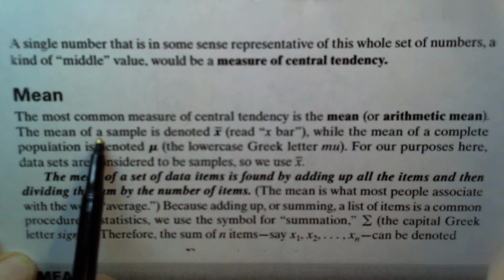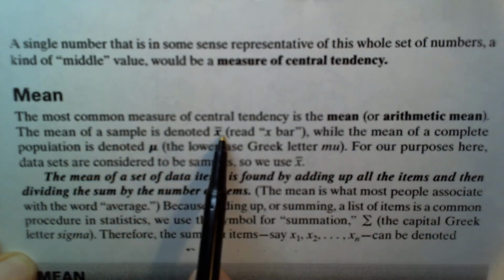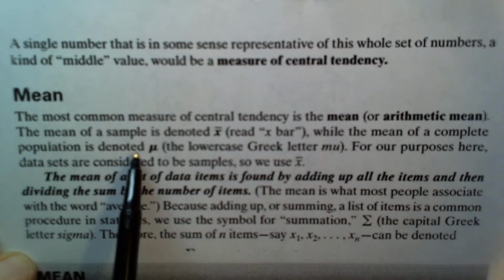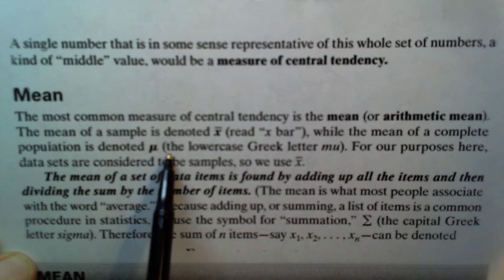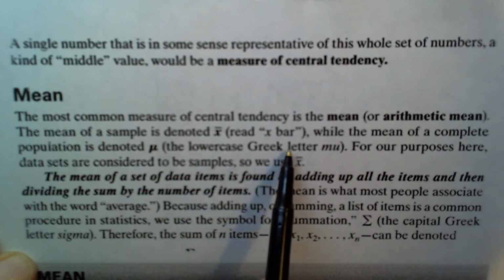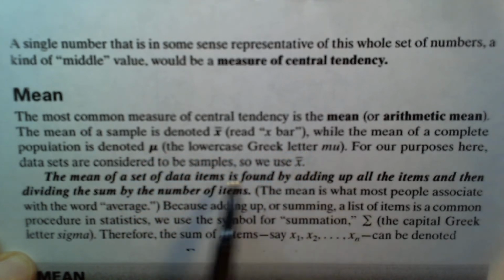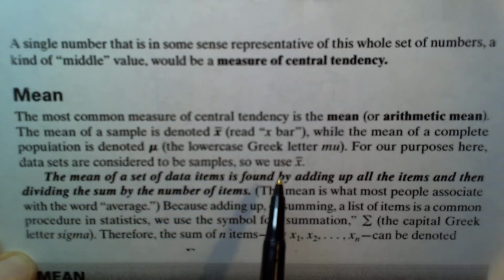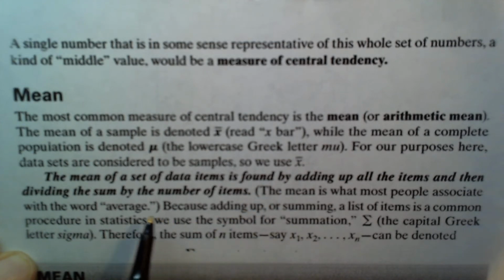And the mean of a sample is denoted x bar, while the mean of a complete population is denoted with mu, the Greek lowercase letter mu. And for our purposes here, data sets are considered to be samples, so we use x bar for the mean. And so it's also in everyday language called average.